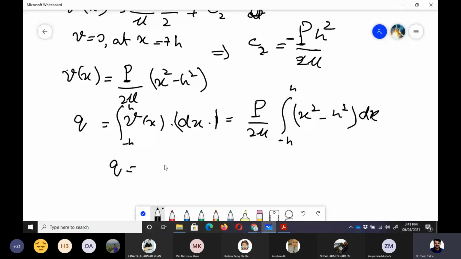If I write the final relation, q would be equal to minus 2 by 3 h cubed upon mu into dp by dy.